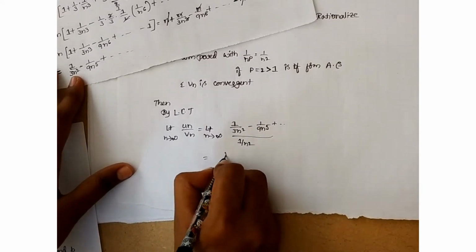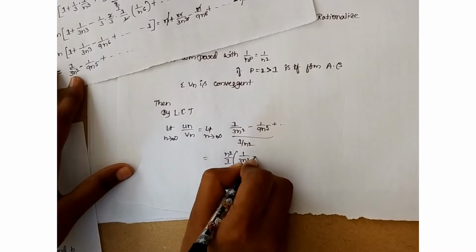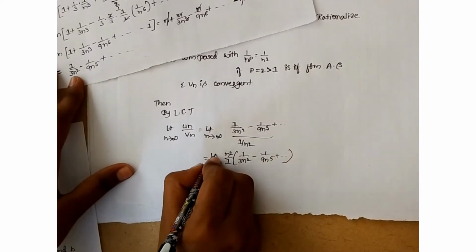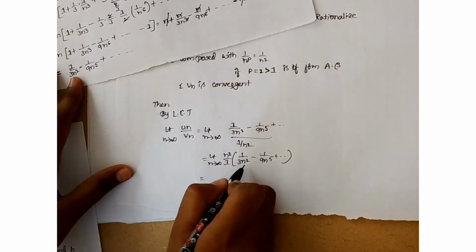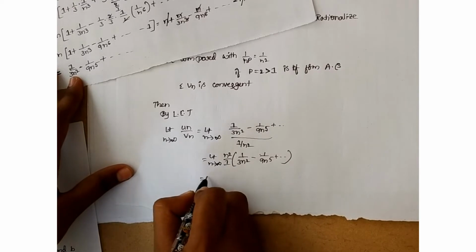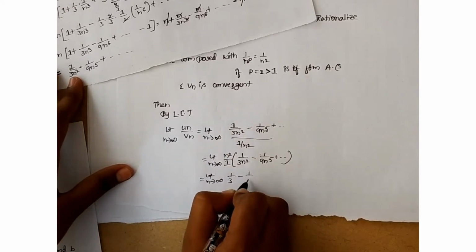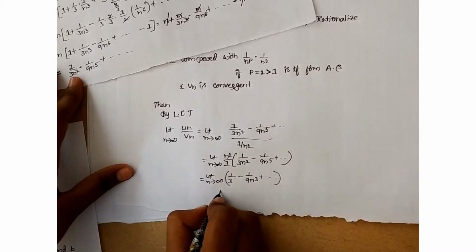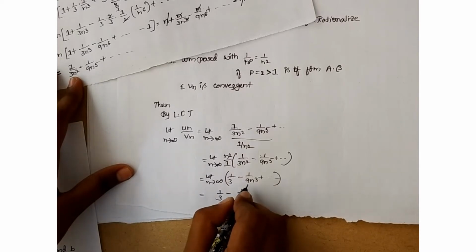We take it outside, gets n square by 1, then 1 by 3n square minus 9n power 5 plus and so on. Limit n tends to infinity. n square will cancel in both. Limit n tends to infinity, 1 by 3 minus 9 by n cube plus and so on.